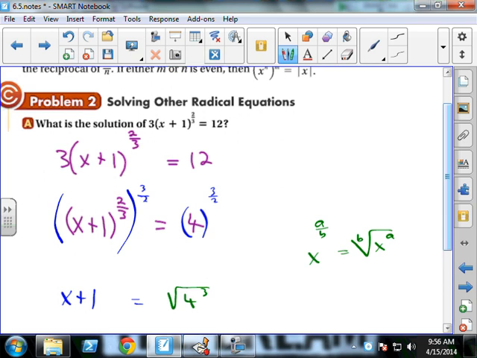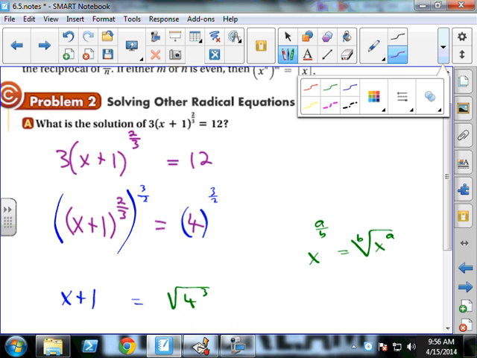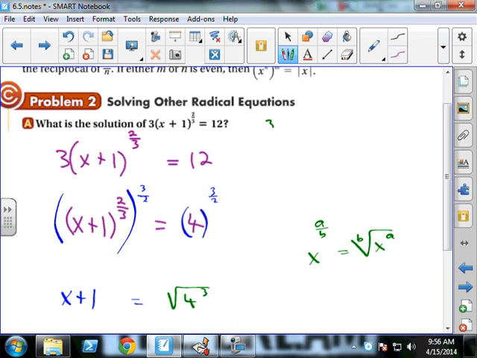Well, let's go back to the beginning and plug in each one and see if each one satisfies what we started with. 3 times -9 plus 1, the quantity to the 2/3. Is that equal to 12? That's 3 times -8, the quantity to the 2/3. So I could divide by 3.